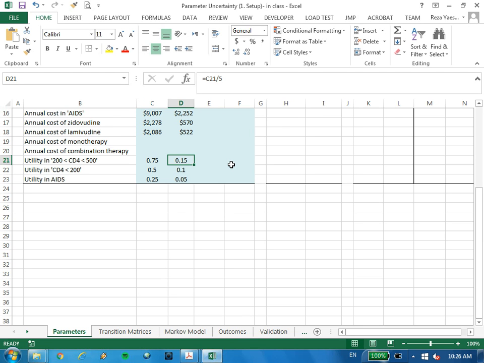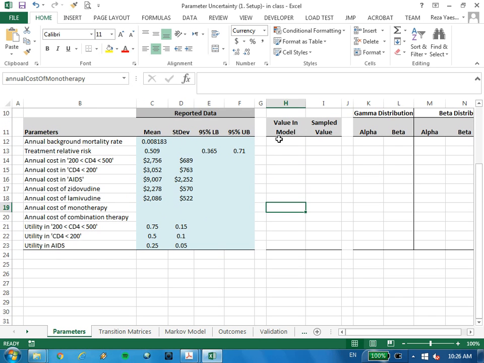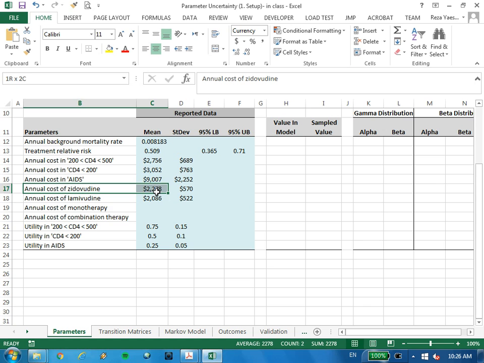Yes. I'm sorry, can you just explain again why we're not putting the cost of the monotherapy and combination therapy in? So we will do it because we assume that the cost of monotherapy is equal to the cost of this drug, and the cost of combination therapy is the sum of these two drugs. So since those two are already accounted for, we don't need to put them in?